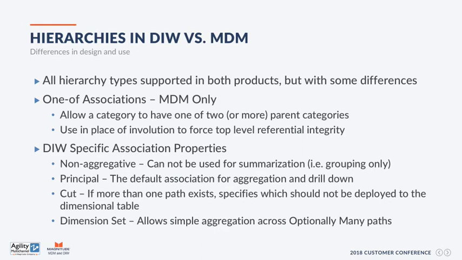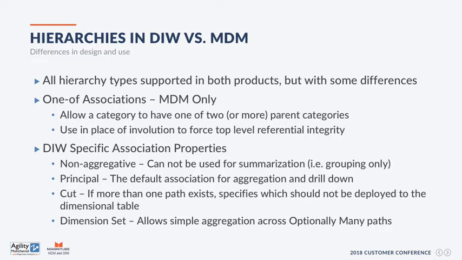Regardless of the hierarchy type, they are supported in both products, but there are some variations in the way some things are handled. So, for example, we have these things called one-of associations in MDM. These do not exist in DIW. They allow a subject to have one of 2 or more parents.